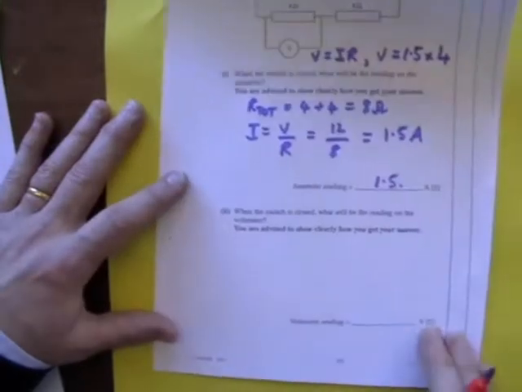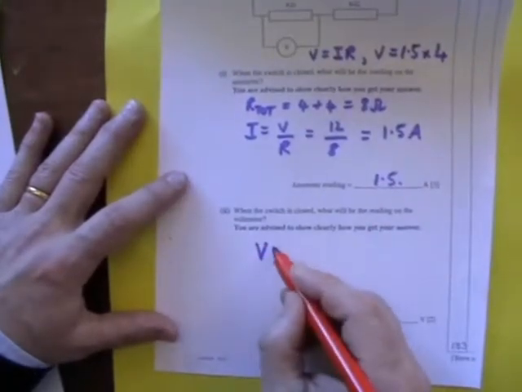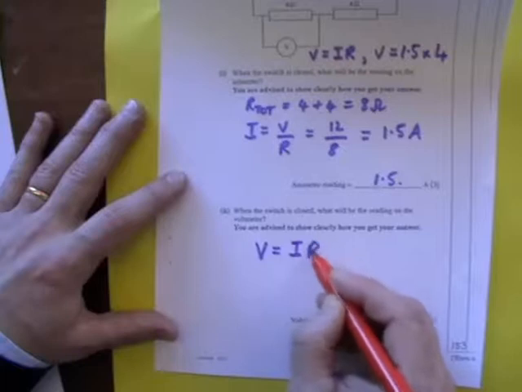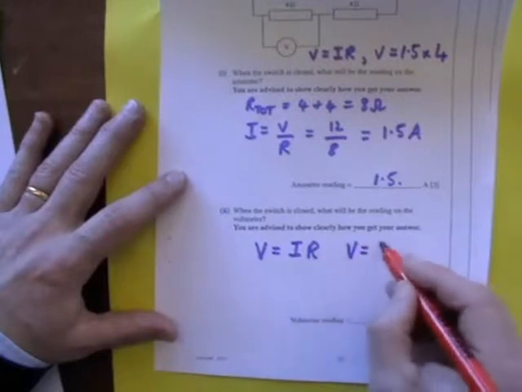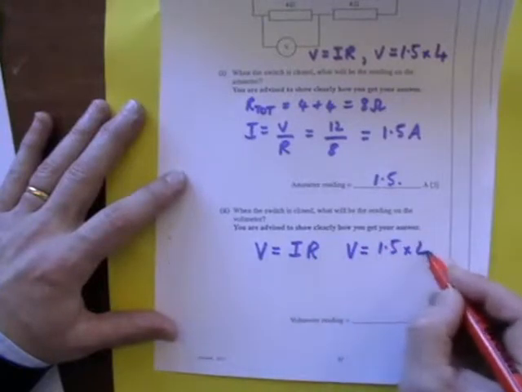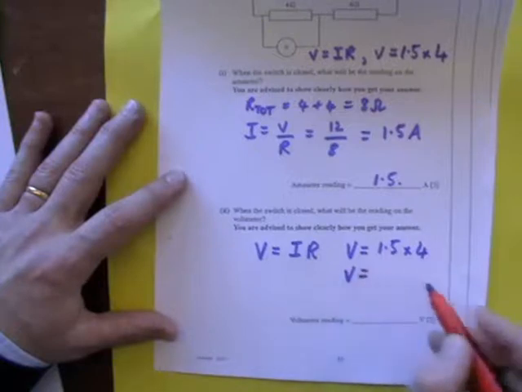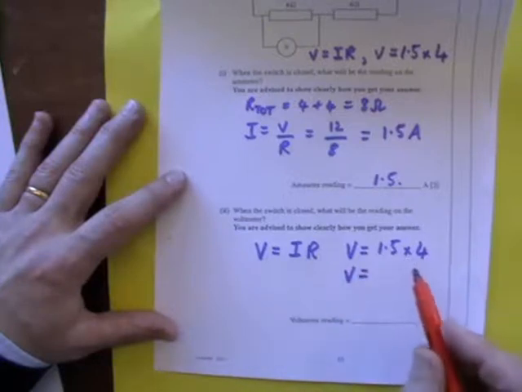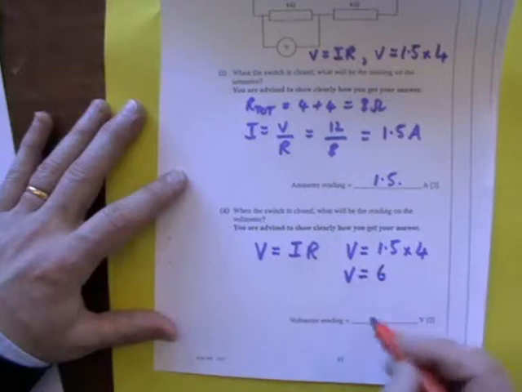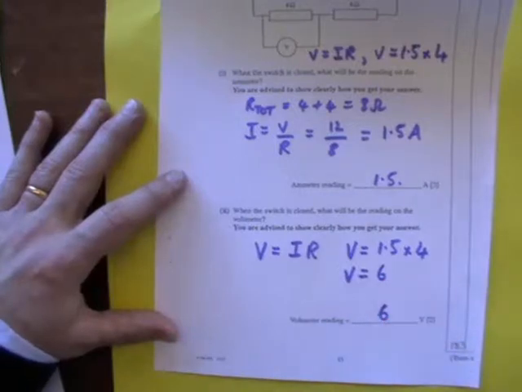So V equals IR becomes V equals 1.5 times 4, so V is equal to 6, so that voltmeter reads 6 volts.